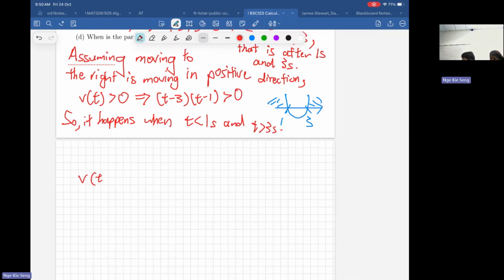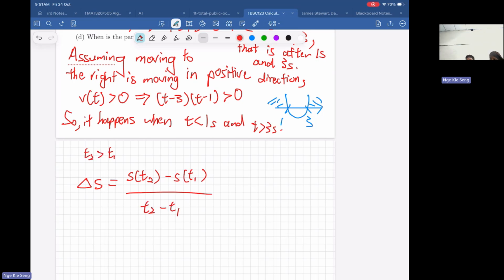Velocity v(t) is dx/dt. The change of x over t2 minus t1, where t2 is greater than t1. This is not instantaneous velocity, but average velocity, the velocity you learn in physics.